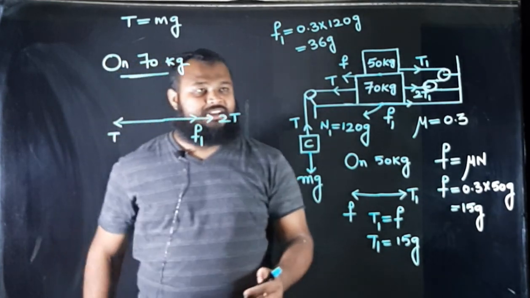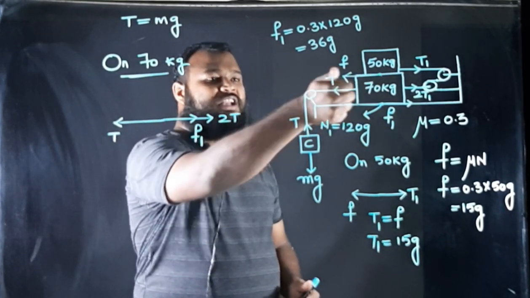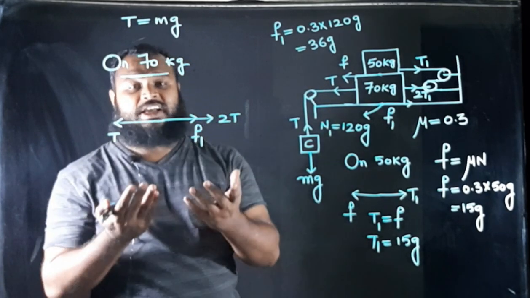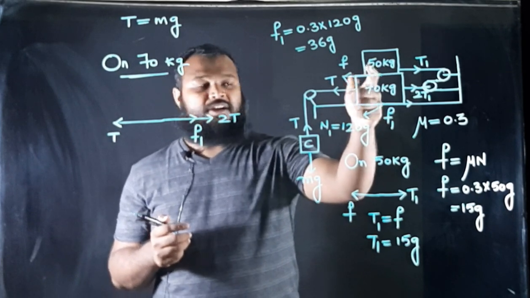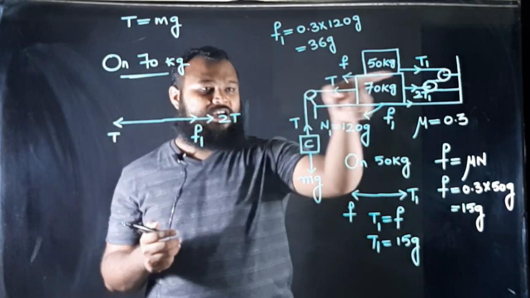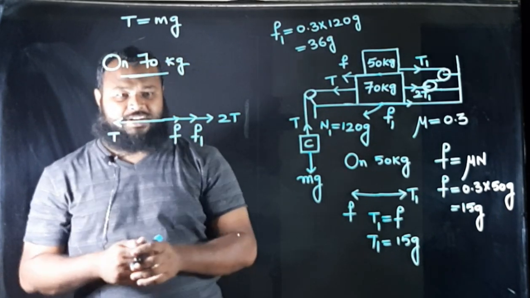The friction between 70 and 50 is towards left for 50 but towards right for 70. Why? Friction always has to oppose. So 70 opposes 50 by acting friction in this direction, and 50 opposes 70 towards right. So the direction of friction is F in this direction.